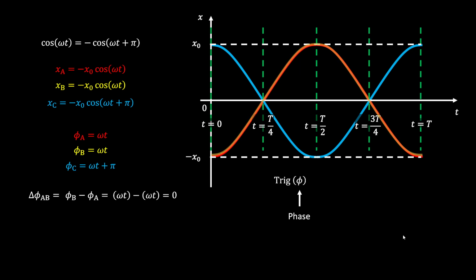In other words, there is no phase difference between body A and body B. The phase difference between body C and body A is delta phi AC equals phi C minus phi A, which can be written as omega t plus pi minus omega t, and this gives us pi. So the phase difference between C and A is pi, and this is clearly seen on the two graphs.